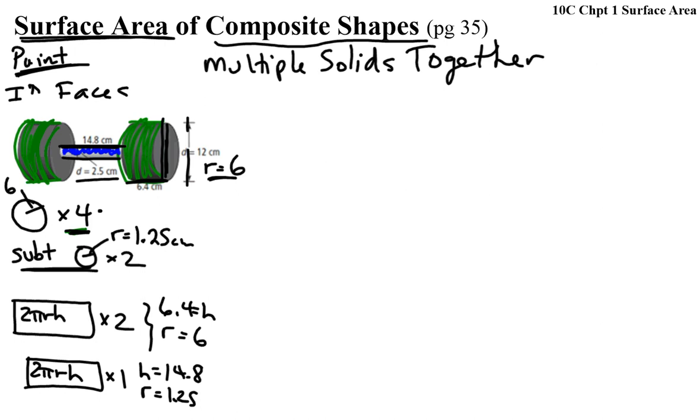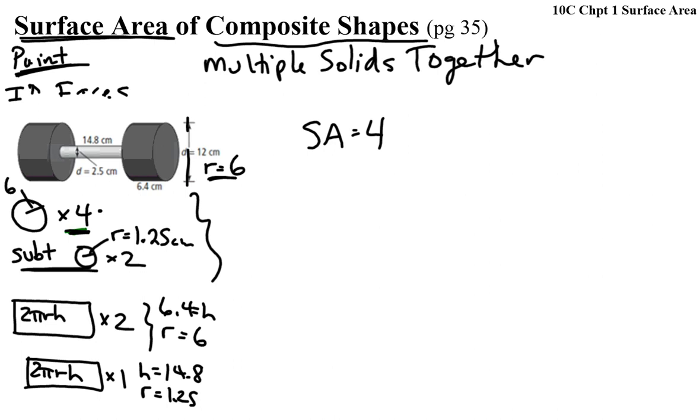Whew! We see that it's 3 cylinders, but identifying all the bits that need to be painted, that's the tricky part. So what makes up our surface area? Well, we have 4 pi r squared, 4 circles.